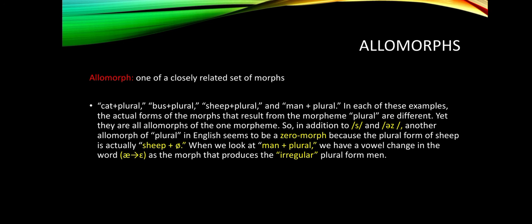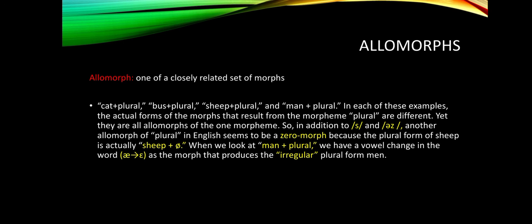We are adding an inflectional morpheme to make these words plural, but the actual form or the shape of those morphemes are different. So in addition to s and es, the sound in buses, another allomorph of plural in English seems to be a zeromorph, because the plural form of sheep is actually sheep.